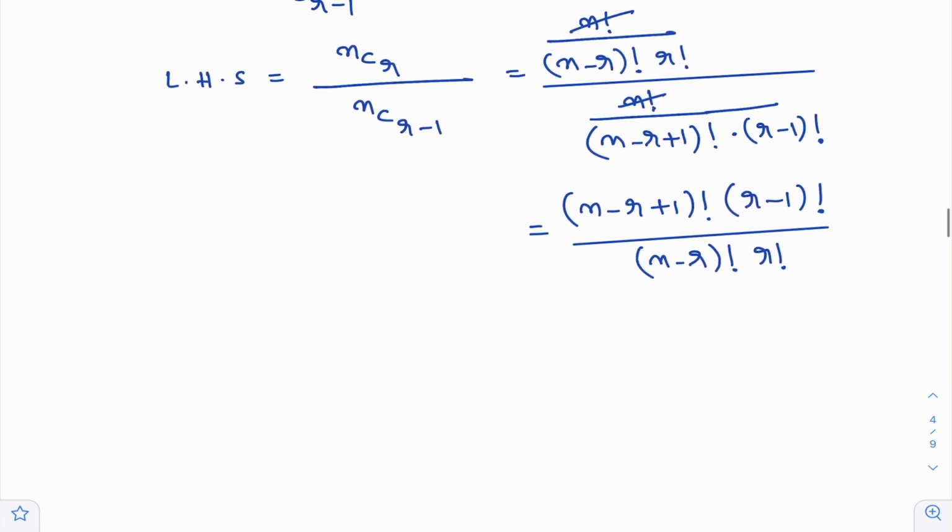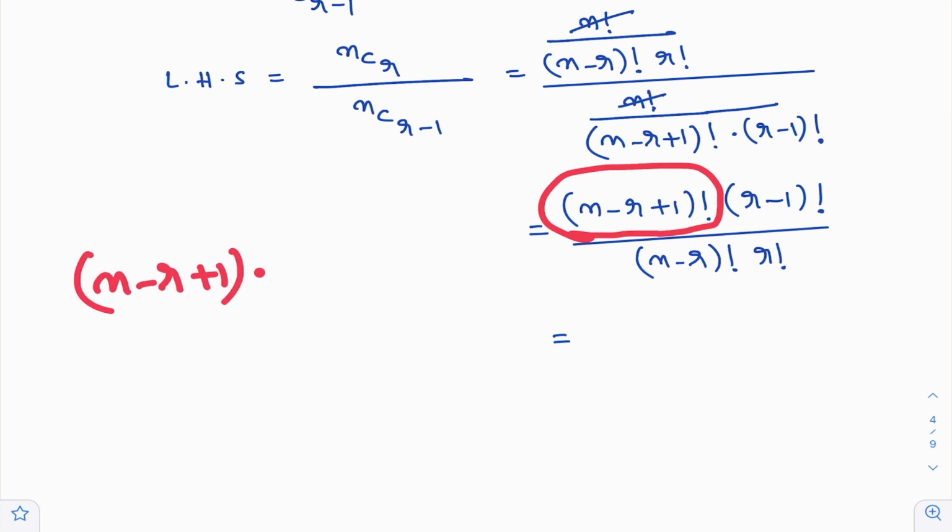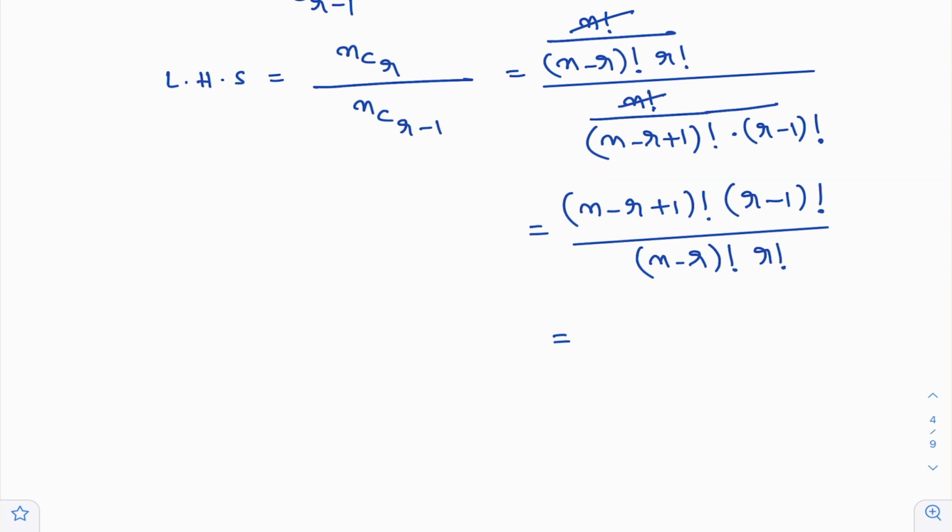If you expand this, you observe (n minus r plus 1) factorial can be written as (n minus r plus 1) into (n minus r) factorial. Please try to understand. The numerator can be written as (n minus r plus 1) into (n minus r) factorial into (r minus 1) factorial.